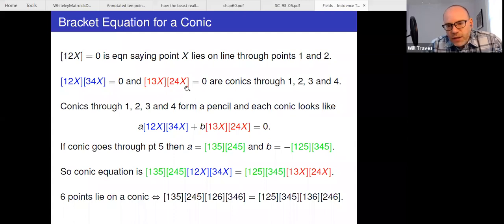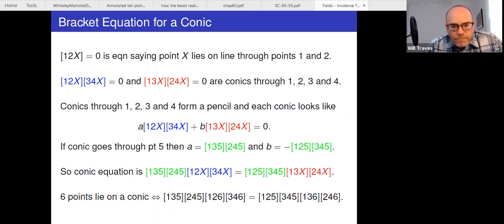Since there's a one-dimensional space of conics through these 4 points, every other conic through those 4 points has to have an equation of this form: a scalar times this equation plus a scalar times this factor equals 0.